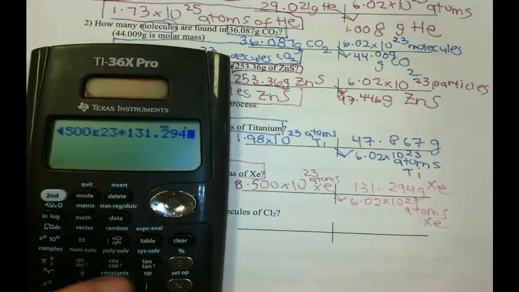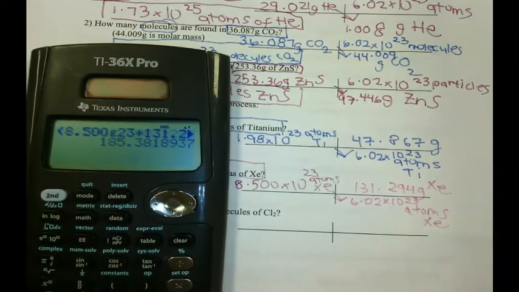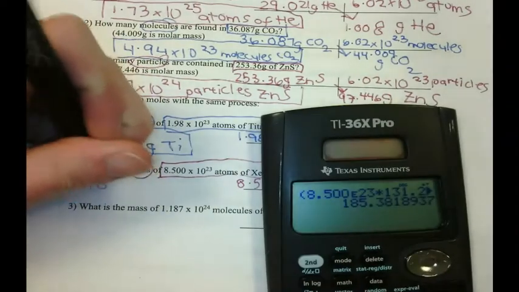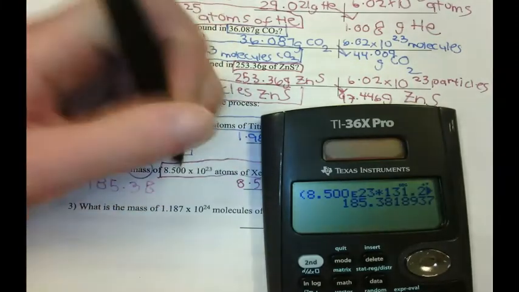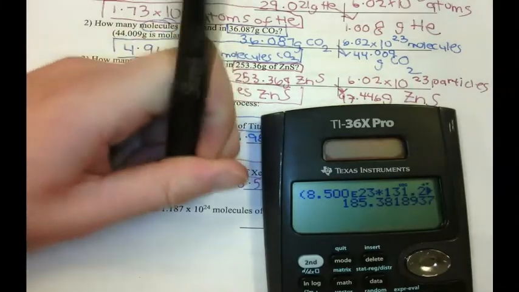I'm going to close my parenthesis and then divide by my number on the bottom. That's 6.02 times 10 to the 23rd. And hit enter. So that is going to be 185.38 grams of xenon.